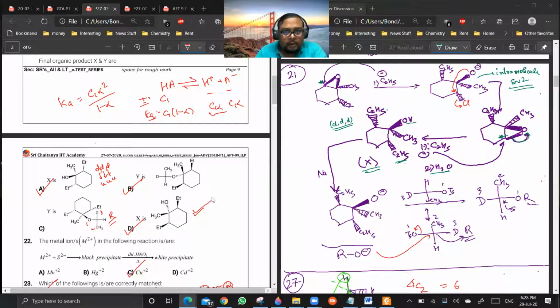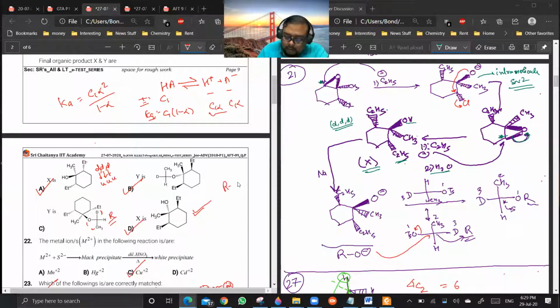Are you getting my point? So A and D represent the same molecule. Yes or no? Yes, sir. After this, it is clear to everyone.